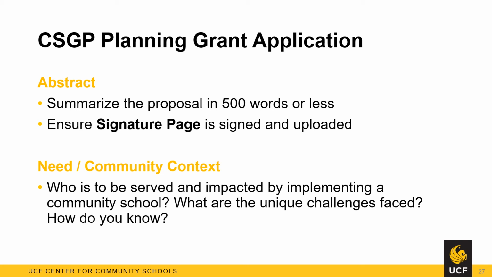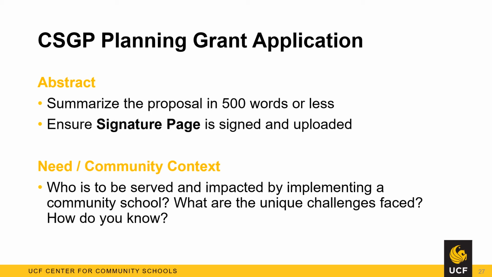The next section is the need/community context. In this section, you should provide detailed information about the school and the community that this project looks to serve. Applicants typically share demographics in this section. So those are the demographics of the school and the community, as well as data on the ABCs: attendance, behavior, which also includes referrals and suspensions, and course performance.